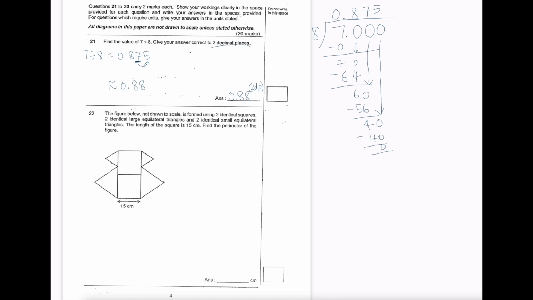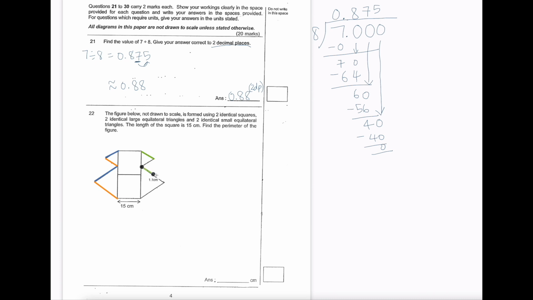I'm going to start drawing. Okay, so 1 small equilateral triangle plus 1 large equilateral triangle gives you 30.